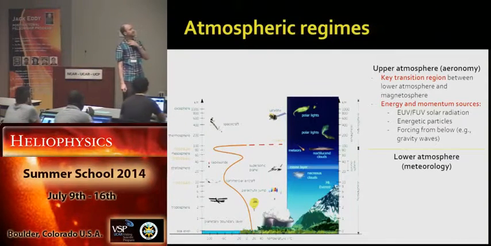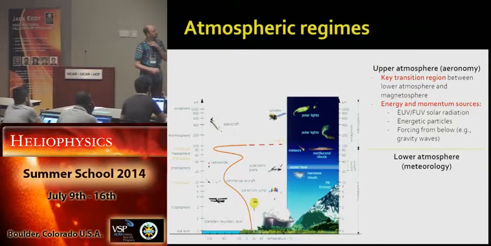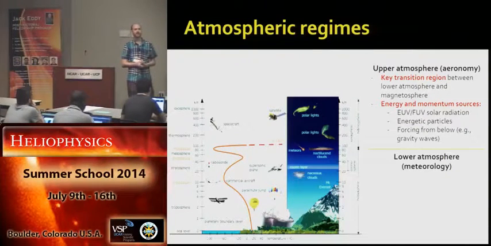So we've seen a slide like this already, but it's important to emphasize that when we say upper atmosphere, it's very different from what the average person thinks about when they think about the atmosphere. So for example, this is altitude. And the boundary between the upper and the lower atmosphere at Earth is somewhere around 100 kilometers.